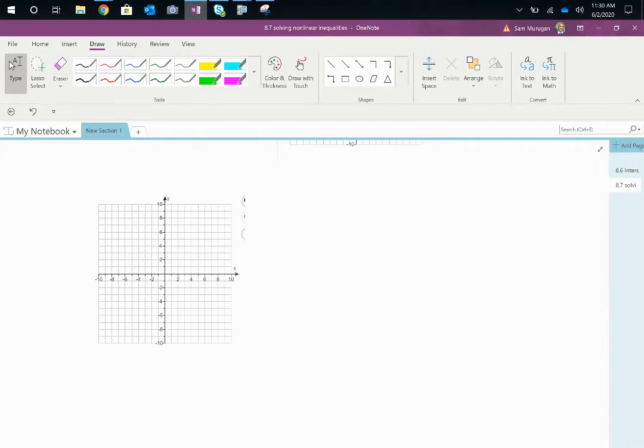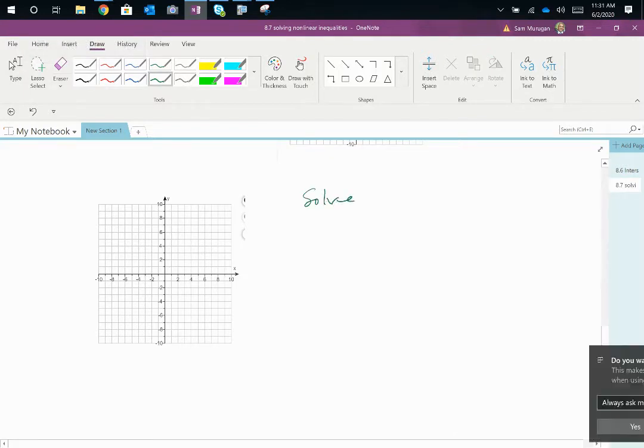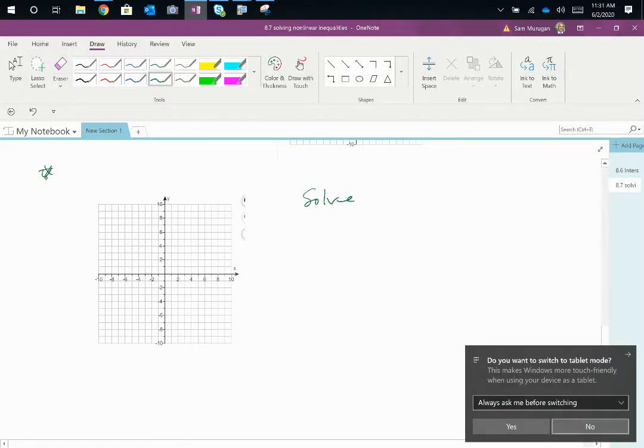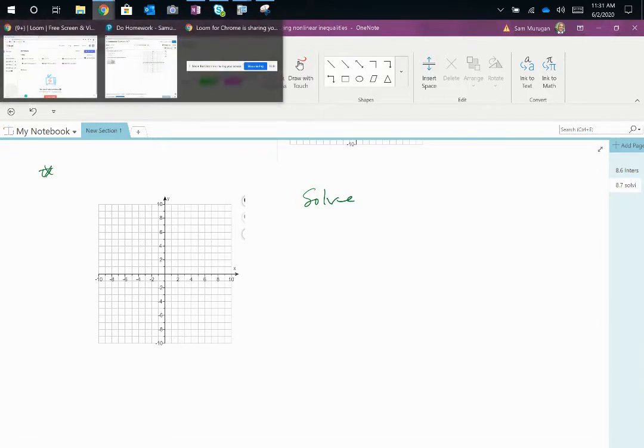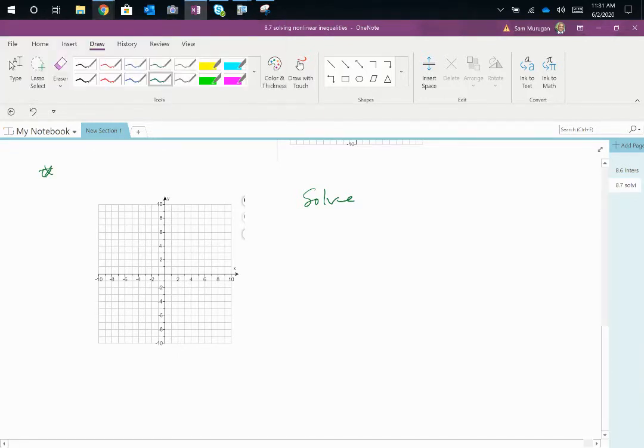Okay, so here's a similar type question we have to solve. And by the way, your calculator is not going to be much help with a question like this.